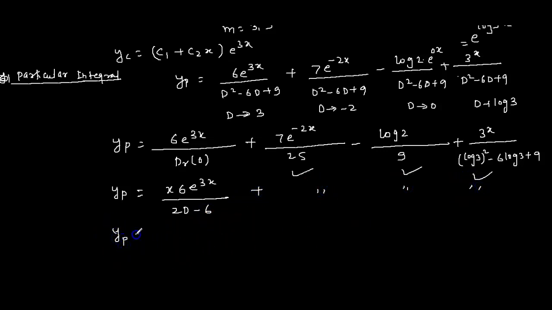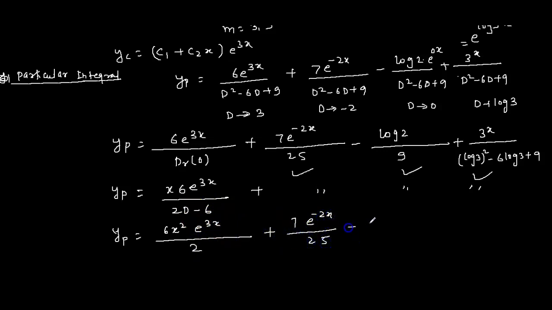Now replace with 3. Replace with 3, then again it comes 0, right? Yes, sir. So what do you have to do? Again multiply x and differentiate the denominator. 2d differentiation is 2 and 6 is 0, plus 7 into e to the power of minus 2x by 35.